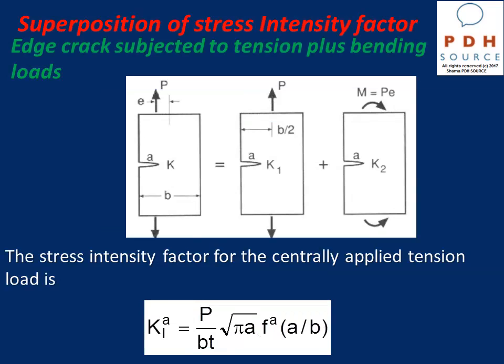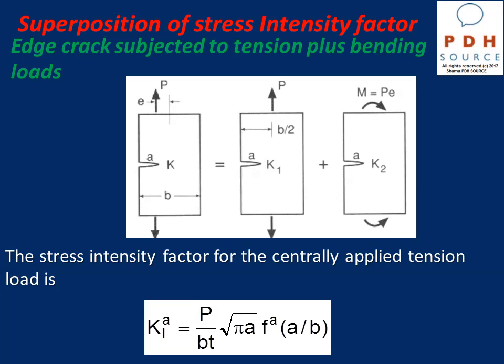We can have some cases where there is a combination of loading. There is a combination of tension, for example, and bending. So in this case, we can use the principle of superposition of stress intensity factor. We calculate the stress intensity factor for tension and the stress intensity factor for bending, and then add them up to come up with the stress intensity factor for the entire case.